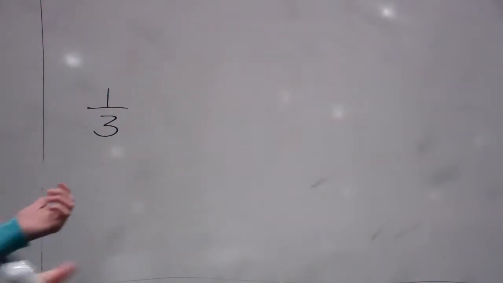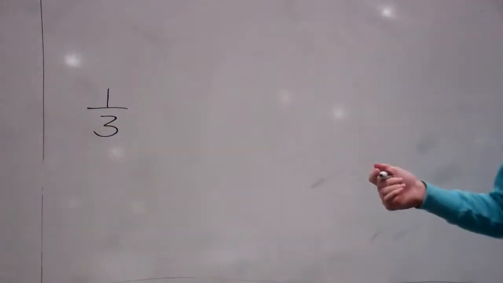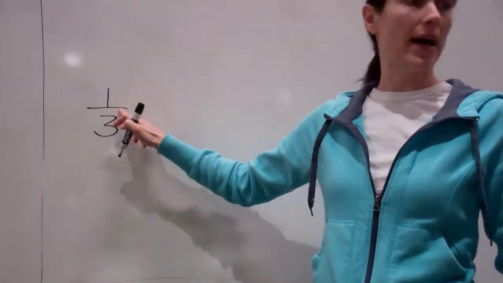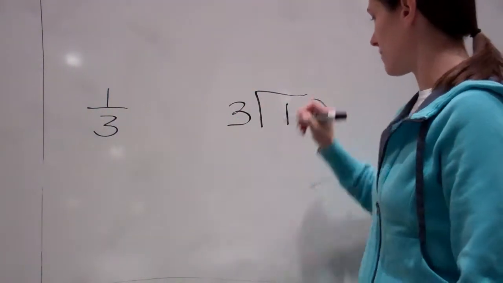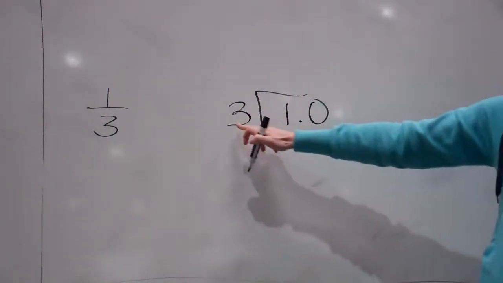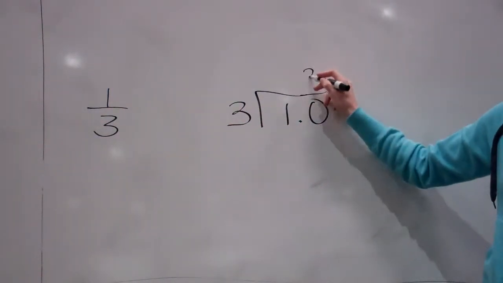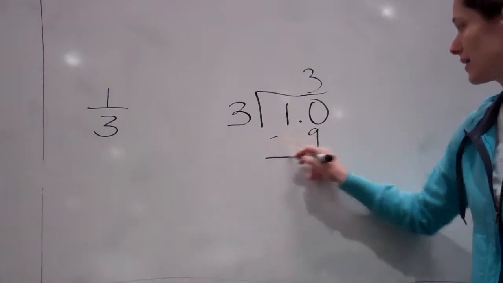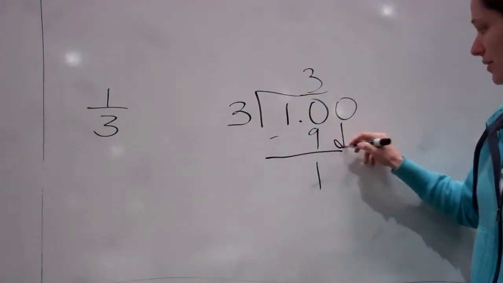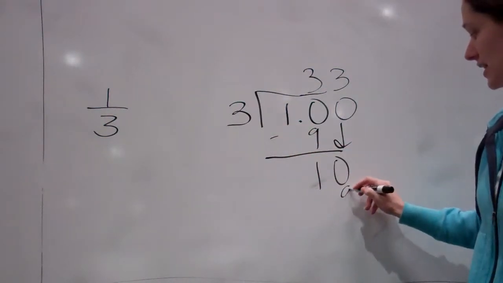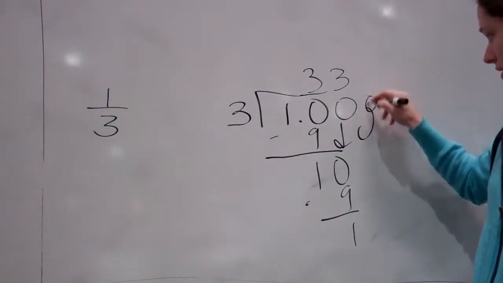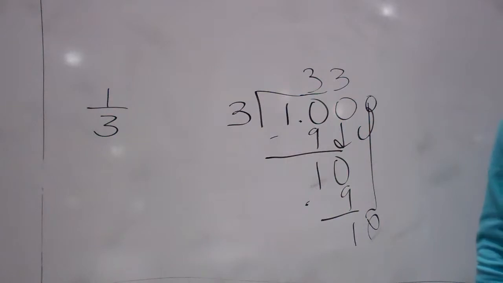Okay, so if we work this problem, I would do 1 divided by 3. So I'm going to do 1 divided by 3. Go on and add my pending zeros, okay? So 3 goes into 10, 3 times. 3 times 3 is 9. Bring down 1, add another 0. And as you see, I can quickly see that I'm going to continue doing the same things over and over again, okay?